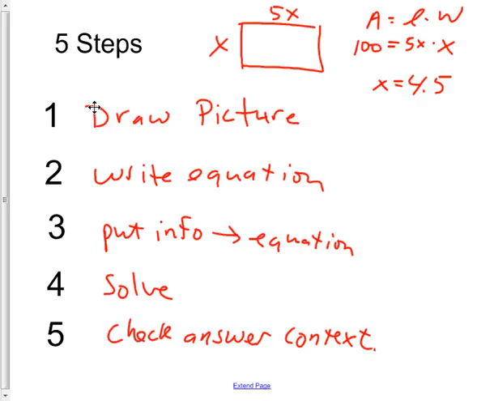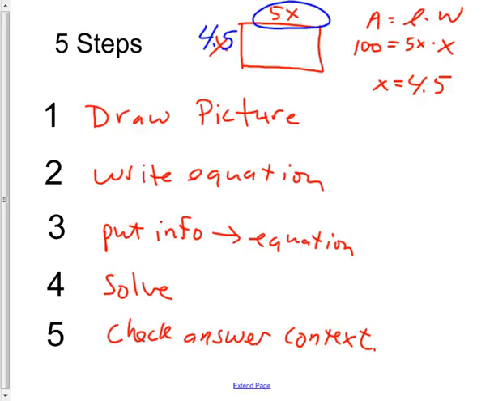Here's my point. On that problem, kids will solve it all the time and they'll have the answer of 4.5 and they get it wrong. Why? Because the question we ask is, what is the perimeter of the rectangle? Isn't that nasty? You go through all that work, you set it up right, you get the answer of 4.5, and that's not what they want. They want, if this is 4.5, then how long would that be? 5 times 4.5.